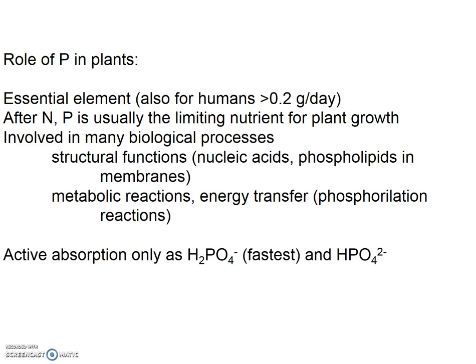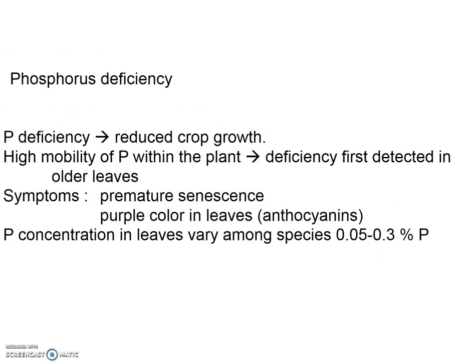Phosphorus is only absorbed as the dihydrogen phosphate, which is the fastest absorption mode, or as monohydrogen phosphate. In case of phosphorus deficiency, the plants grow less. The high mobility of phosphorus within the plant has as a consequence that deficiency is first detected in older leaves.